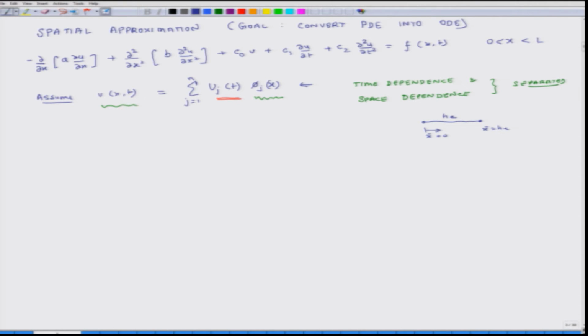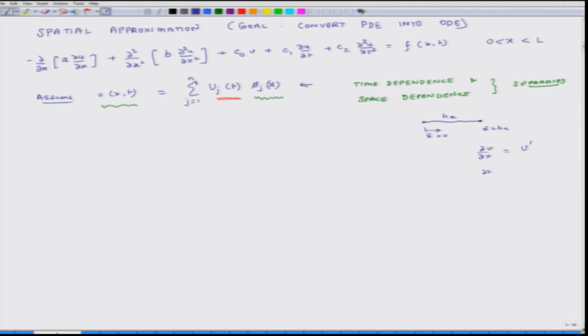A couple of other things. Going forward, for purposes of brevity, I may sometimes write del over del x as prime. So if I have del u over del x, then I may express it as u prime.